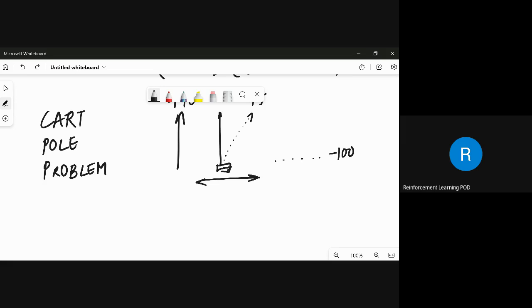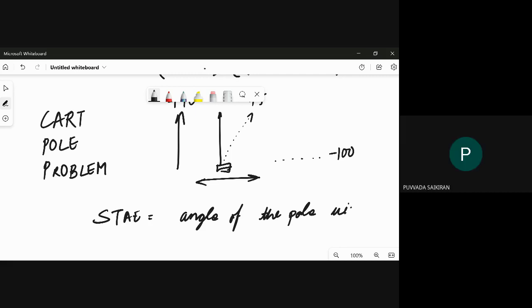And even so, you can define the state as the angle of the pole with the ground.